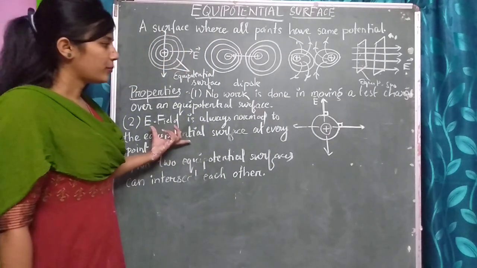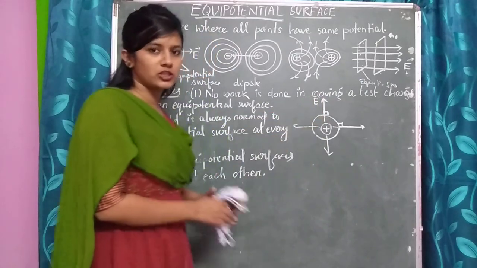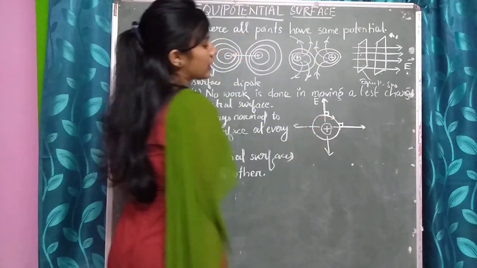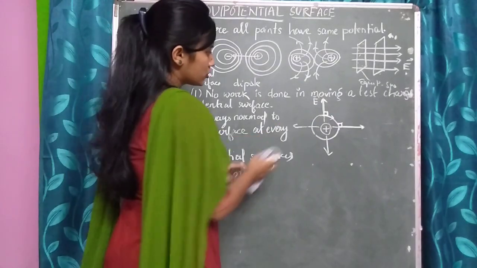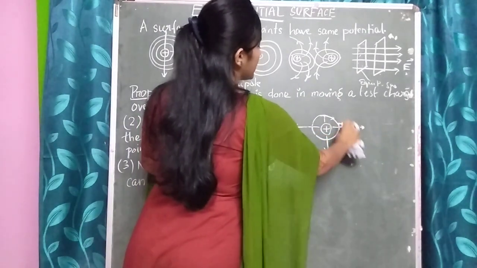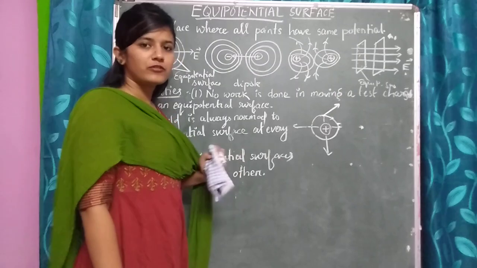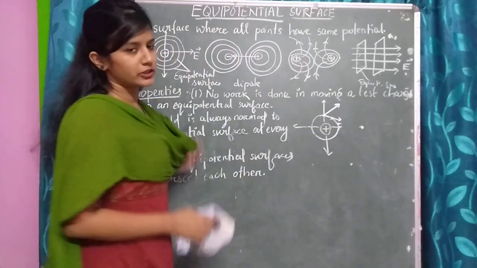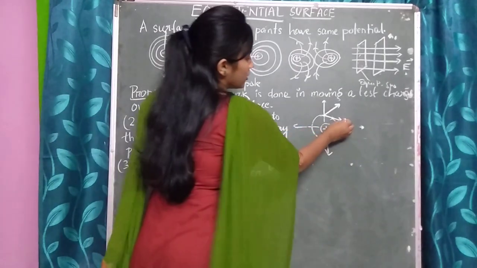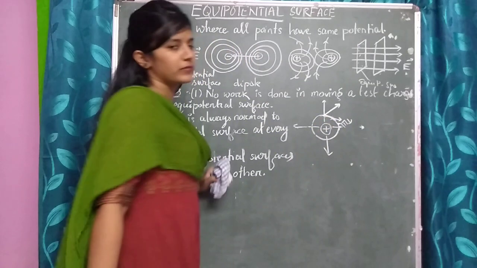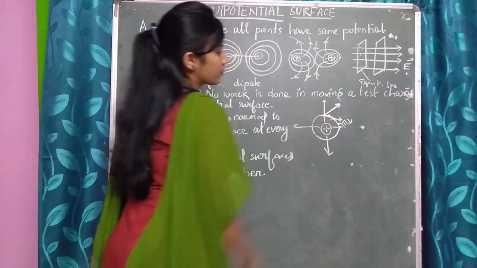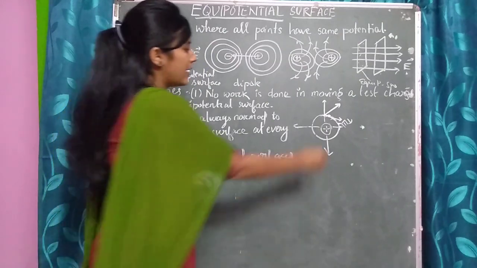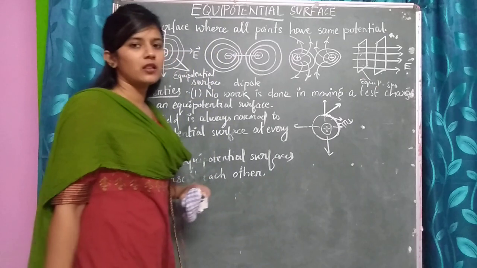How to prove it? Suppose it is not normal to the equipotential surface, then it will have a non-zero component along the surface. Suppose this electric field is not normal and makes some different angle with the surface. Then there will be a tangential component as well as a normal component. If a tangential component is there, the electric field is present along the surface, and if we keep a test charge here, then due to this tangential component the test charge will experience a force and move along the equipotential surface.